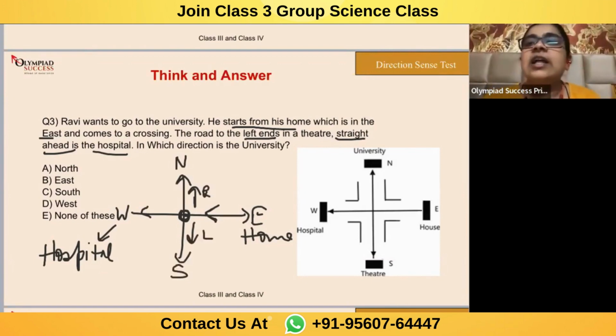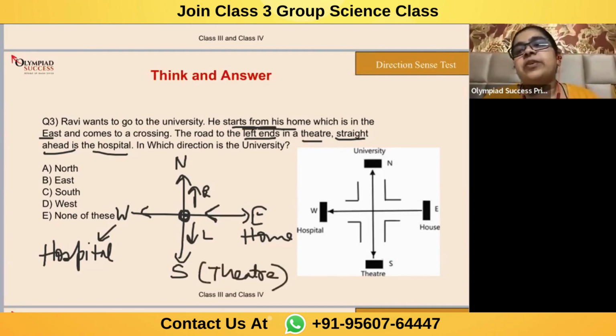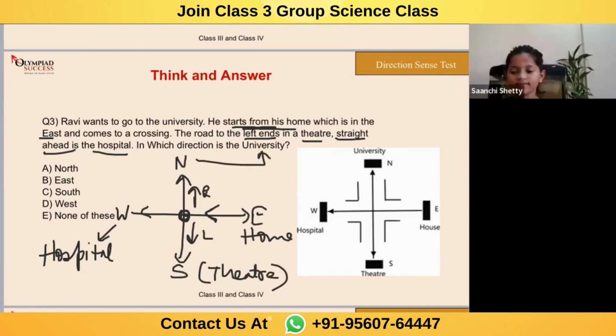And they are saying that left turn is theater. So that means south is theater. So now we are left with only one location, that is north for the university. So that means university is in the north. Okay, Sanchi? Thank you.